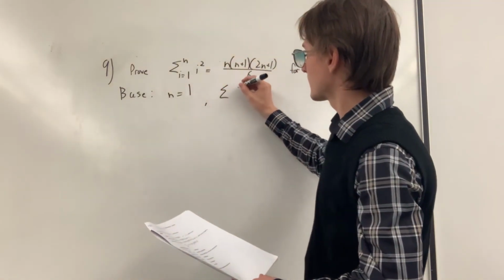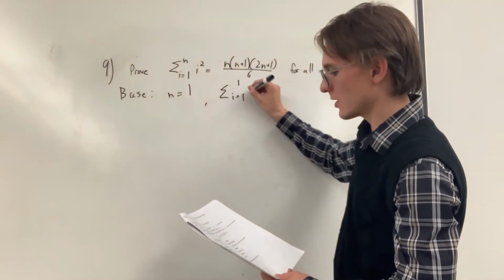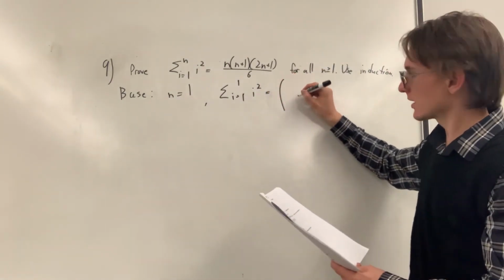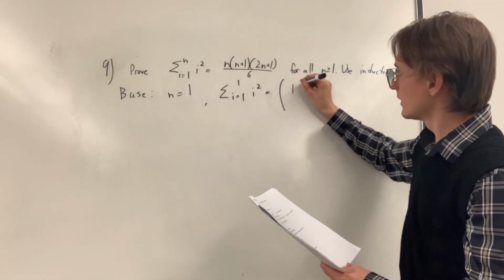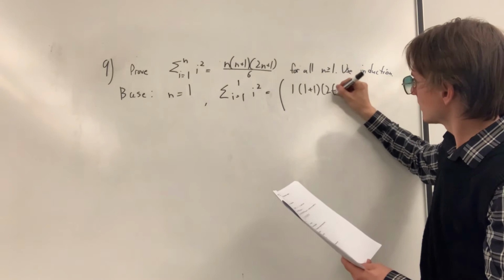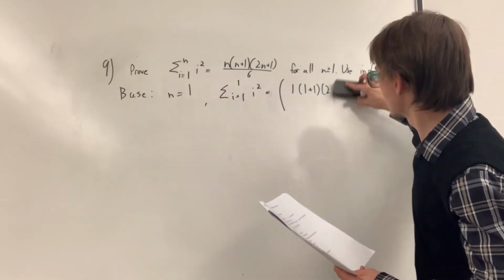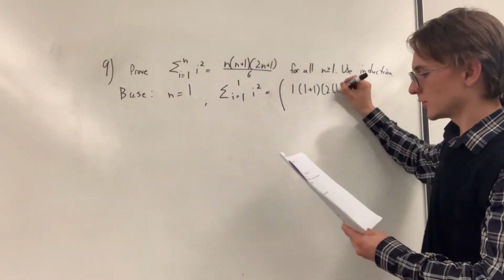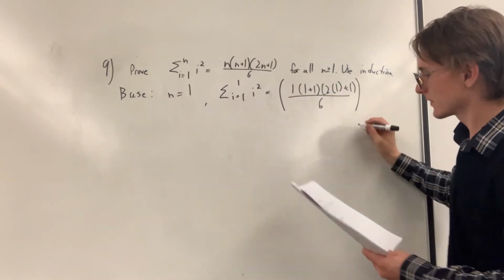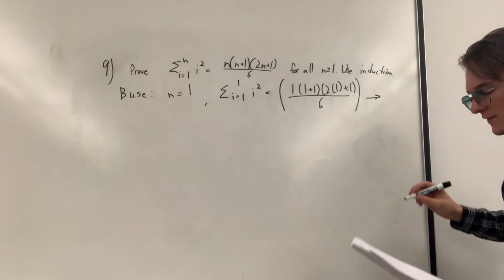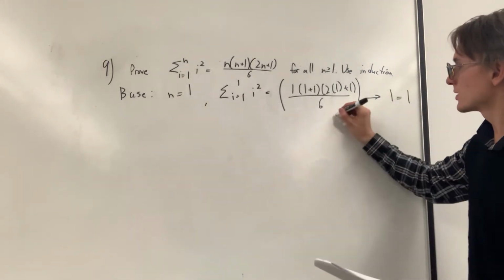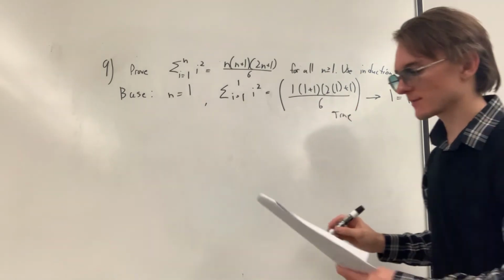The sum of i equal to 1 all the way to 1 of i squared is equal to 1 times 1 plus 1, times 2 times 1 plus 1, all over 6. Now, of course, this simplifies down to 1 is equal to 1, which is true. So, because it's true, the base case holds.